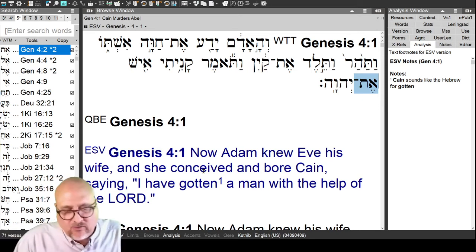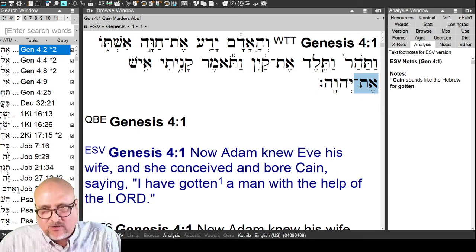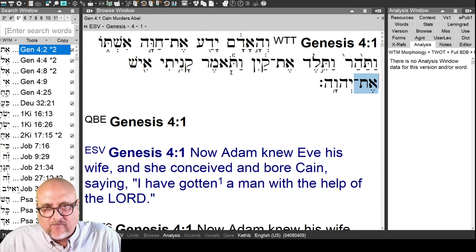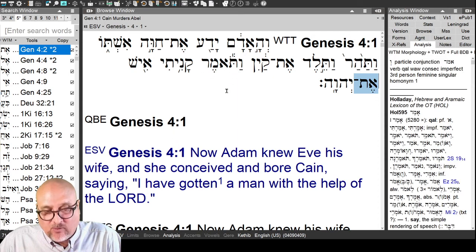Pseudo-Jonathan is reading this word et as a definite direct object marker. If you read it that way, who does Eve think her baby is? Hercules.